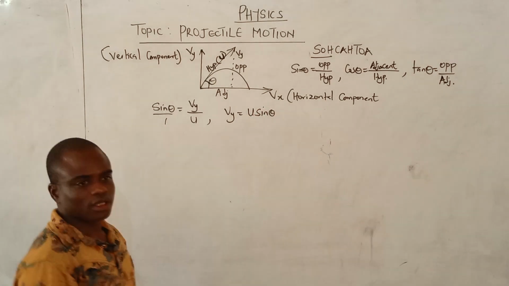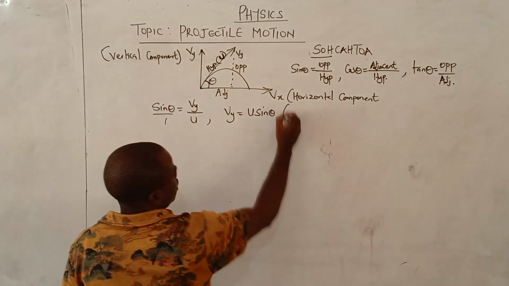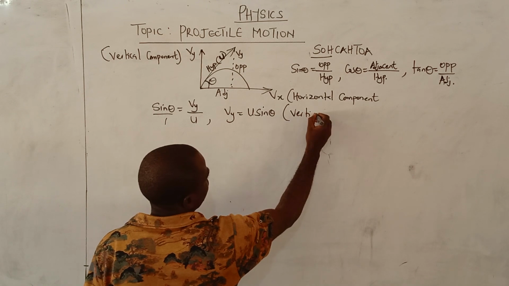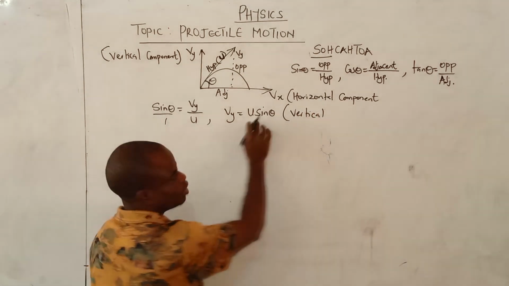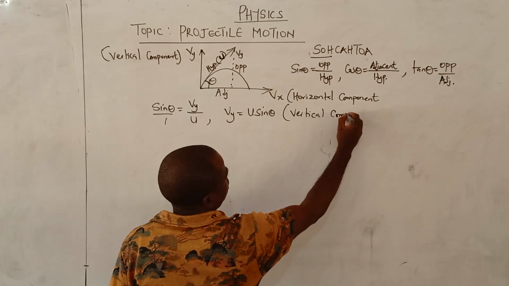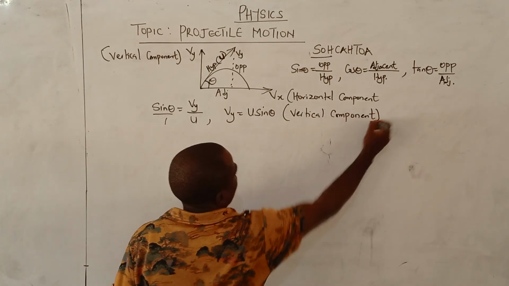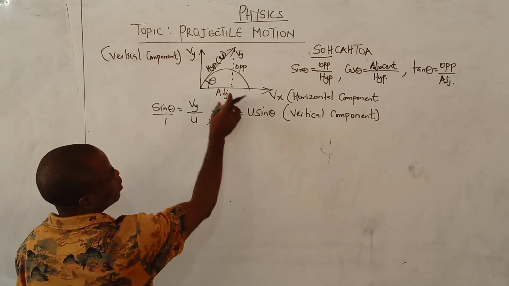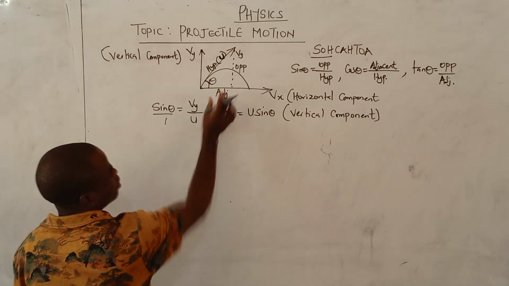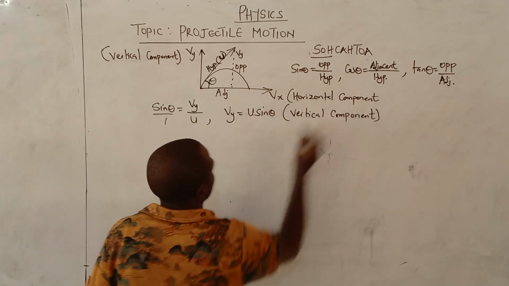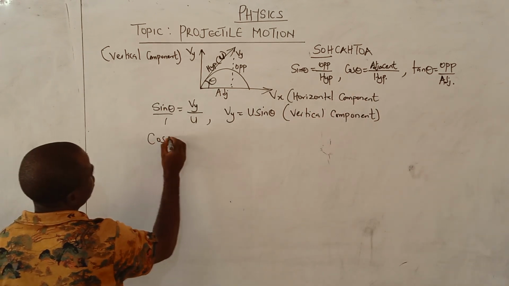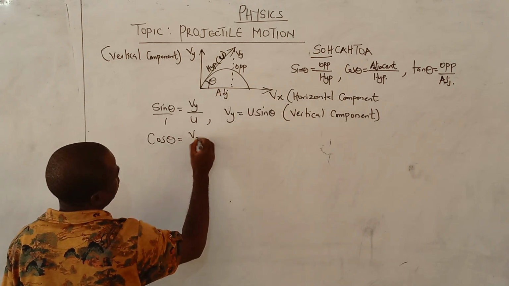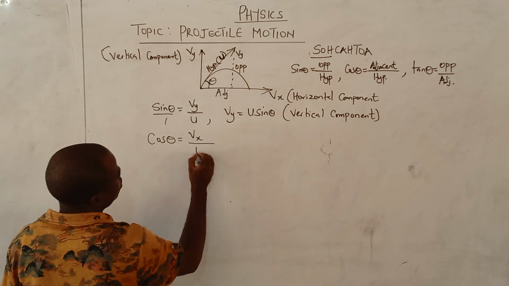When you are dealing with the vertical component of the velocity, you use sine theta. Let this be your memory. And also let's get the horizontal component. I now use cos theta, which is cos theta equals adjacent over hypotenuse, Vx over u.